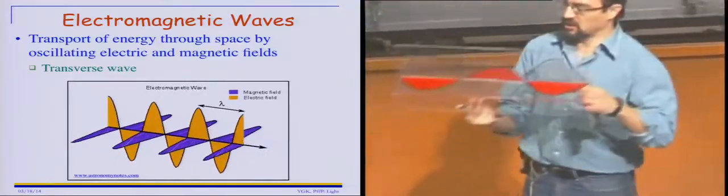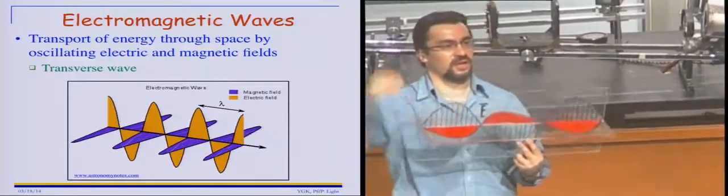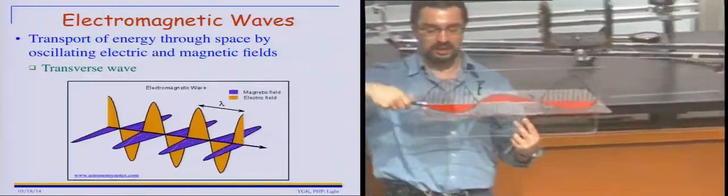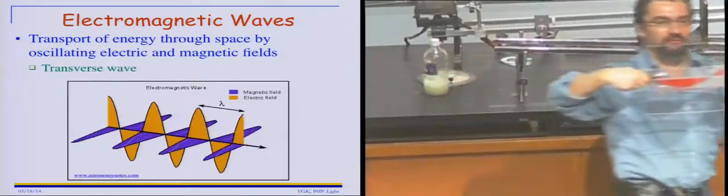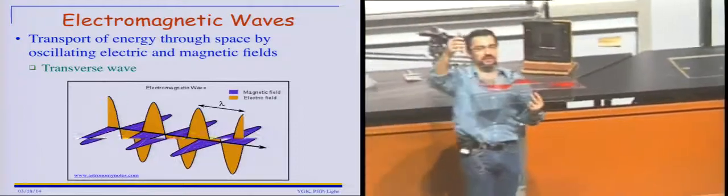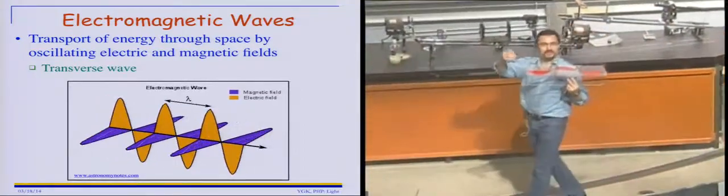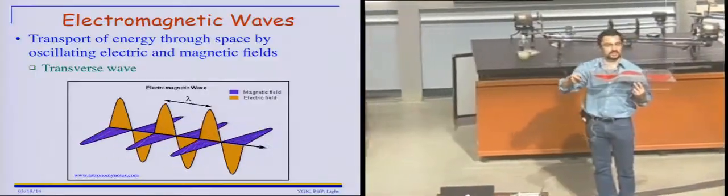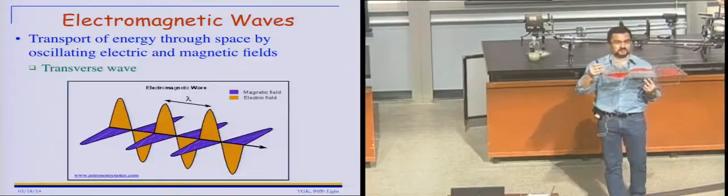So if you imagine that this is the picture of the electric field produced by my laser pointer, and I send it that way, the wave propagates forward like this, and it consists of electric oscillations, let's say up and down in this plane, and magnetic oscillations that oscillate in the direction always perpendicular to the electric field.